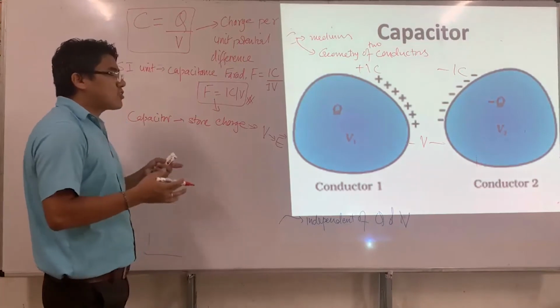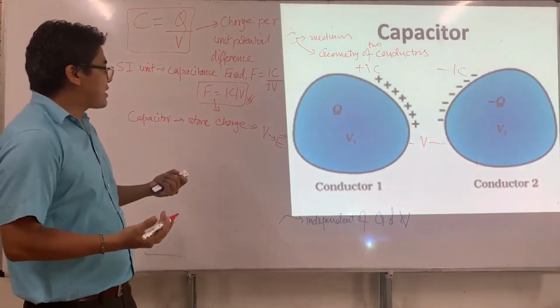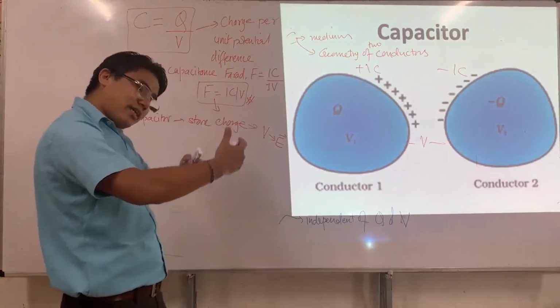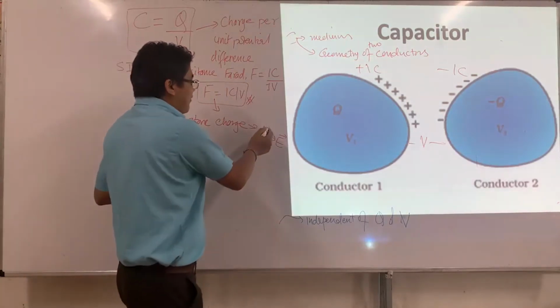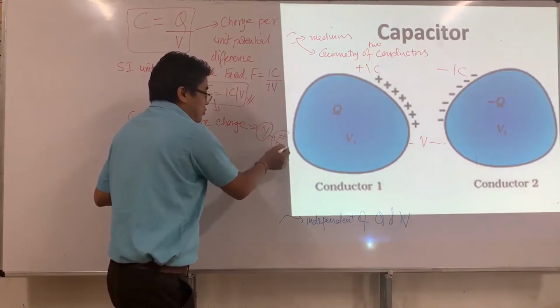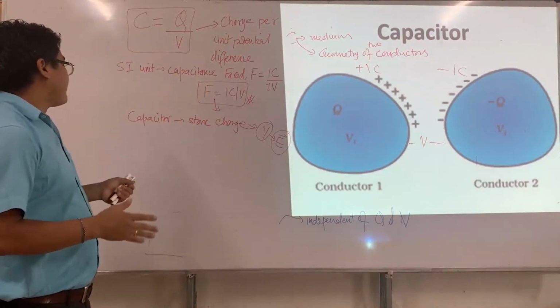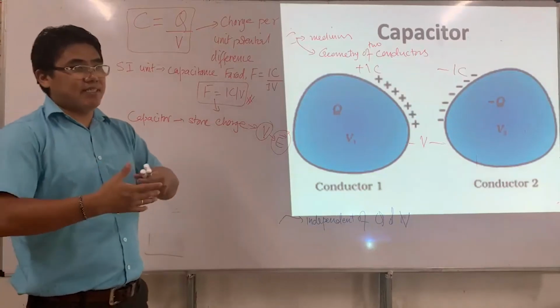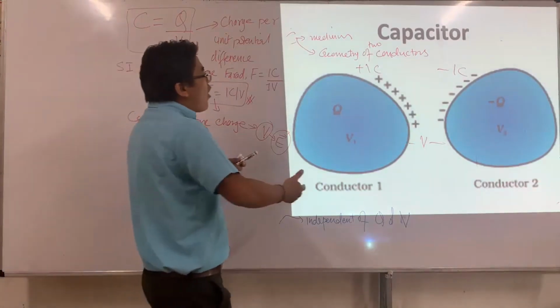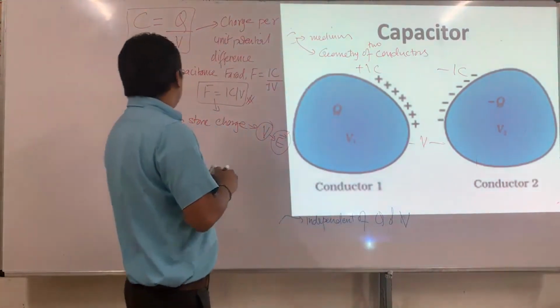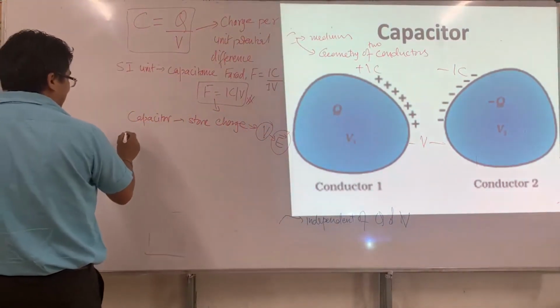These two are related. Now, my point is, a capacitor has a limit. You can't go on accumulating charge on two sides. This is what we call dielectric strength.